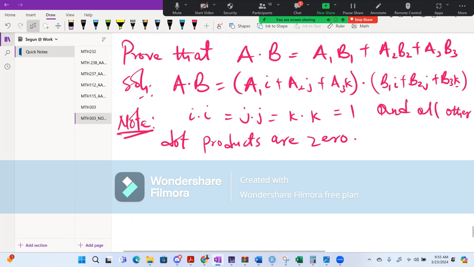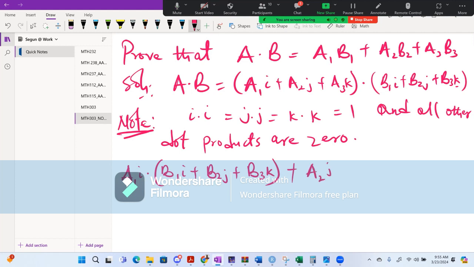So now that we know any other thing is zero, all I need to do is open the bracket and distribute A over B. I will do it this way: A1I dot the entire B, which is B1I plus B2J plus B3K.